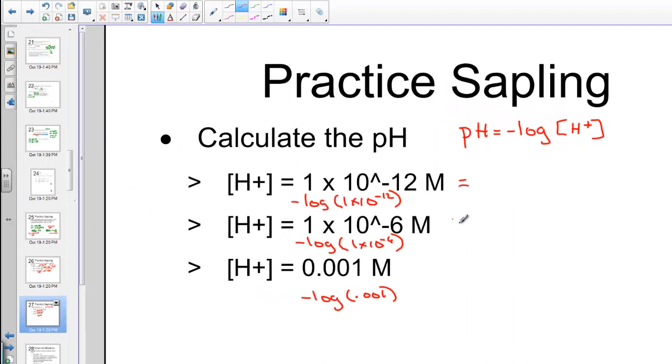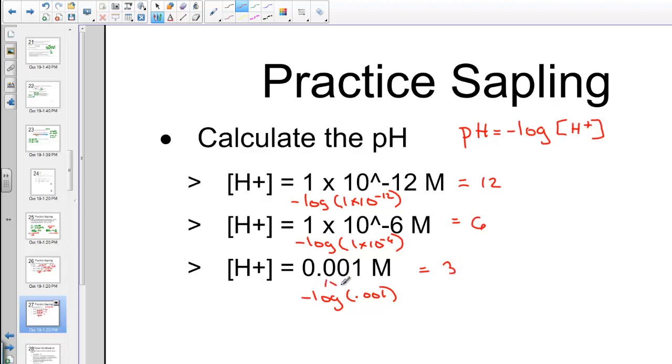When you hit those, let's check our answers. When we have 1 as our base unit, 1 times 10, we can look at this power of the exponent and know our answer. Did you find 12, 6, and 3?